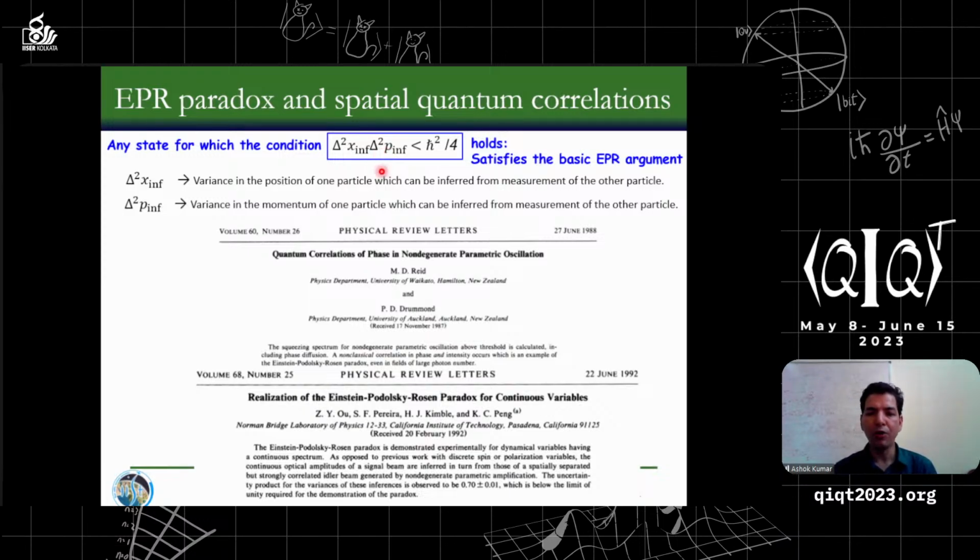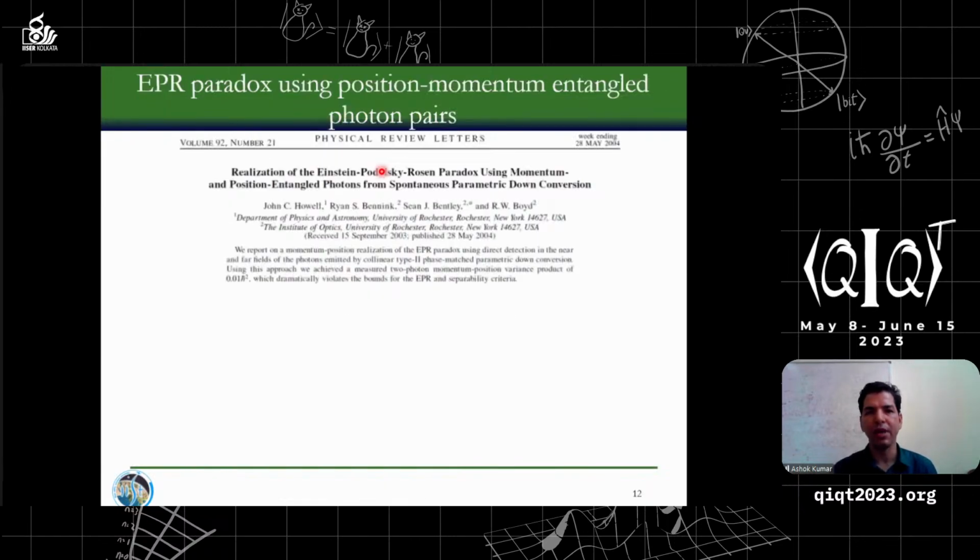Now, coming to the actual realization: the EPR paradox in its original form was demonstrated by Robert Boyd's group in 2004. Original form means in terms of the position and momentum variables.